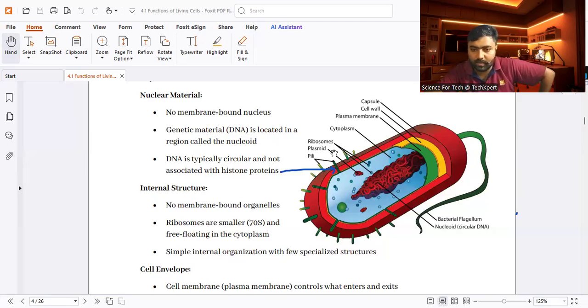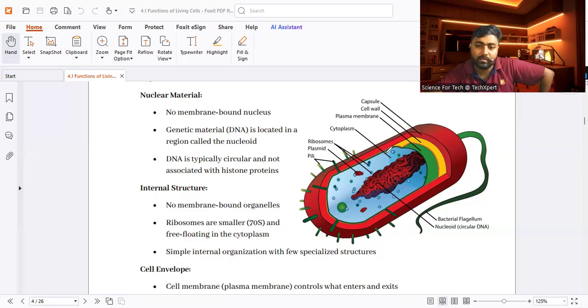Okay. Then at the outer side of the plasma membrane, we can see cytoplasm that is in blue color. This blue colored part is known as the cytoplasm. Previously I asked you where we can see mitochondria, nucleus, and chloroplast.